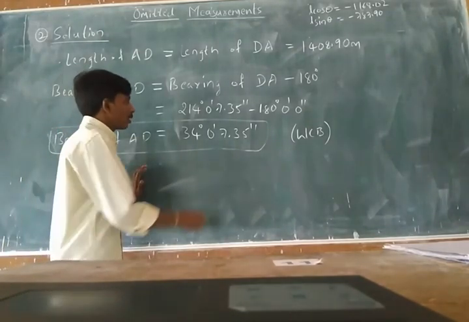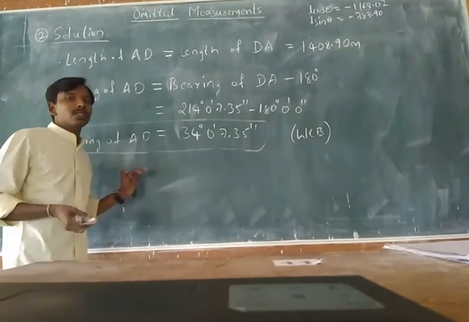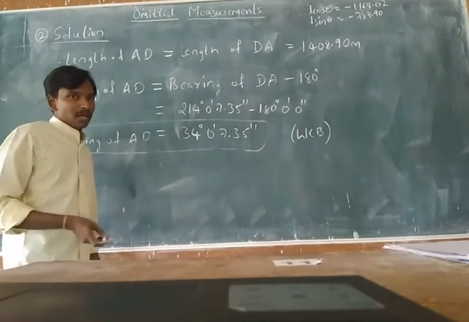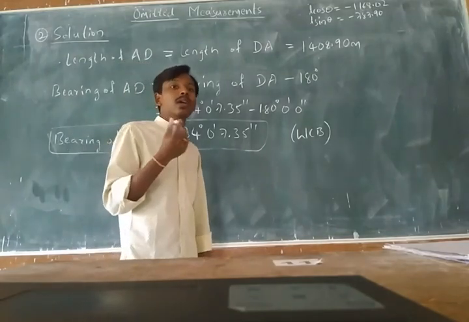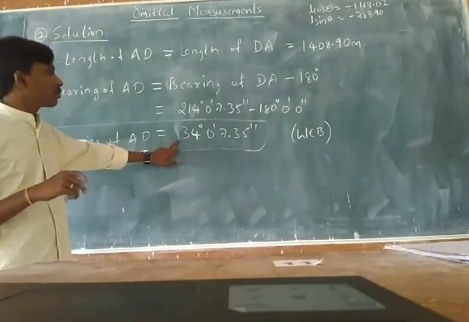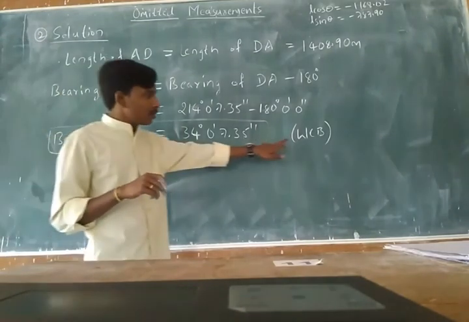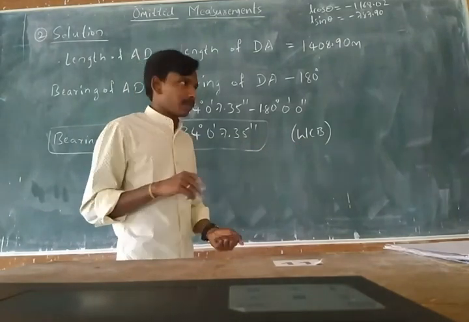Don't think both are the same, because actually that was in the quadrantal bearing system, and the whole circle bearing value is 214 degrees 0 minutes 7.35 seconds. But here the value is 34 degrees, and this is in the whole circle bearing system. It is not a reduced bearing system.